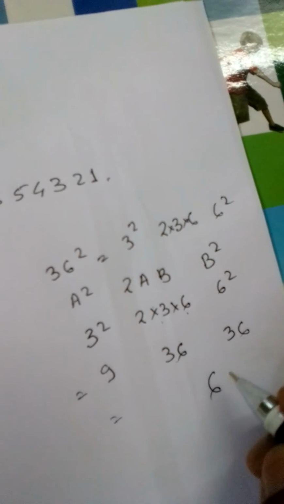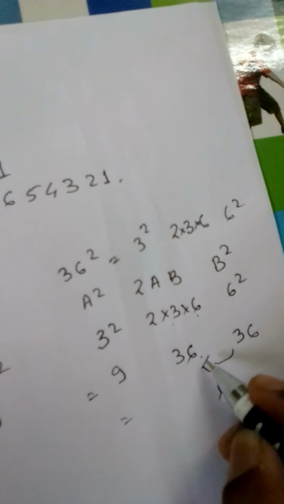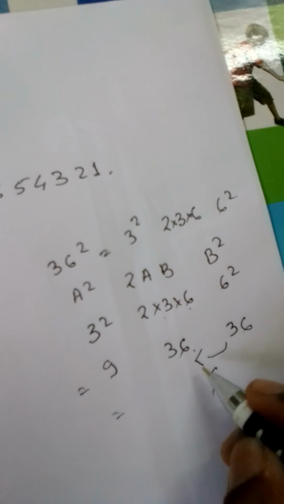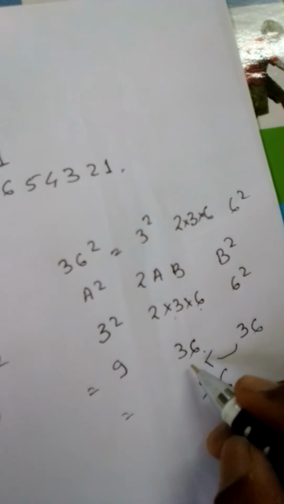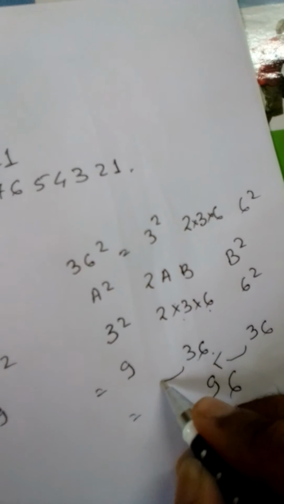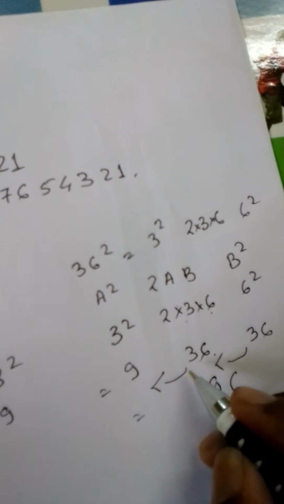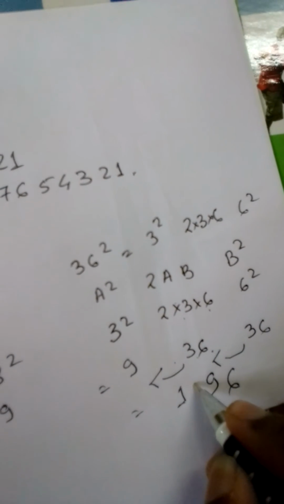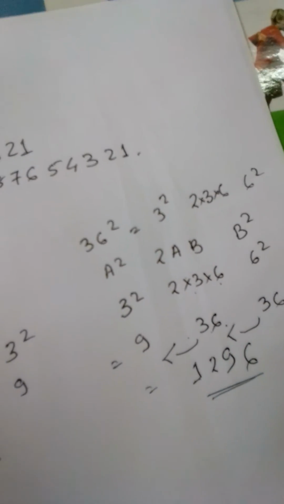Say we'll write 6 first. Then we will take the 3 over here and carry the 3 to this number and write 6 plus 3, that is 9, and again we have to carry to the left hand side: 9 plus 3, 12. So the answer is 1296.